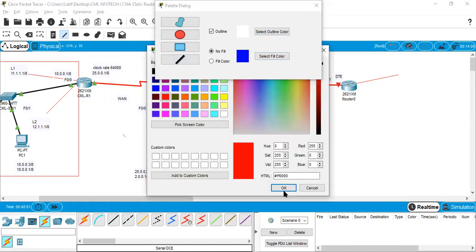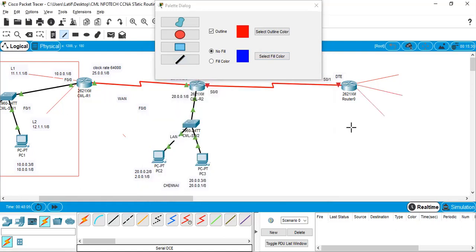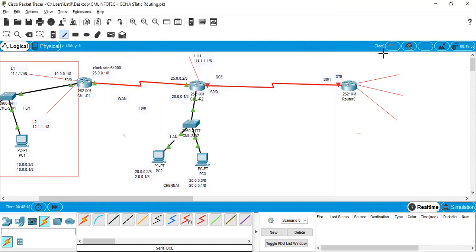Right. 2 and 3. We have 3 interfaces here. Okay, so for the 3 interfaces, I need 3 different networks.